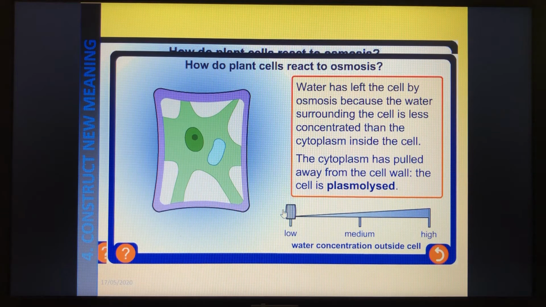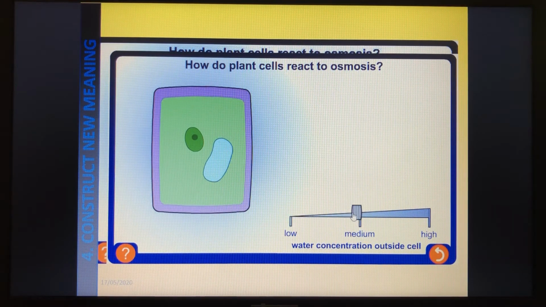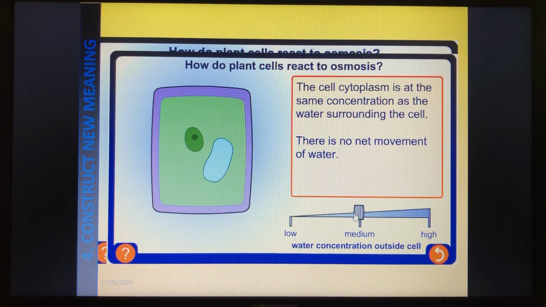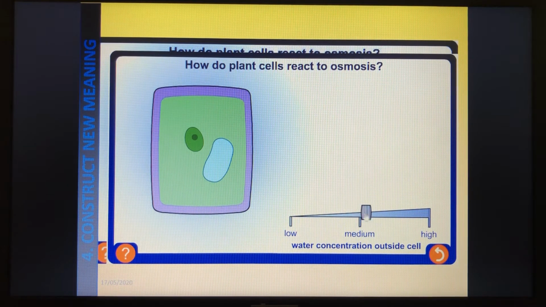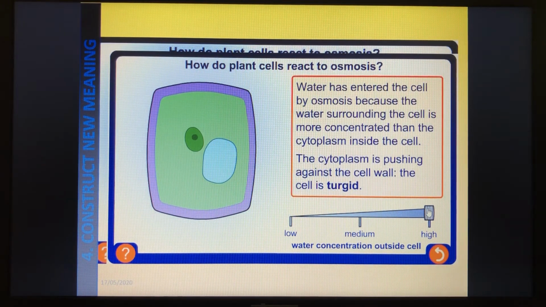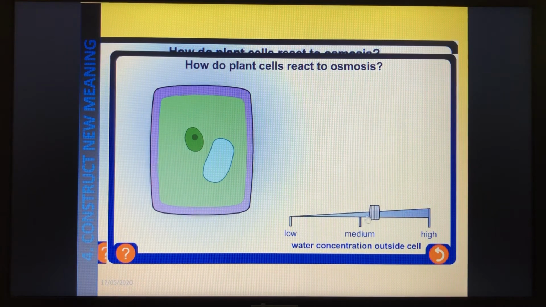You don't need to talk about plasmolysis. And if the water concentration on the outside is higher, then water's going to move in, and we say that the cell has swelled. You can say turgid if you want, you don't really need to, it's just swelled. So we've got shrinking and swelling of the cells.